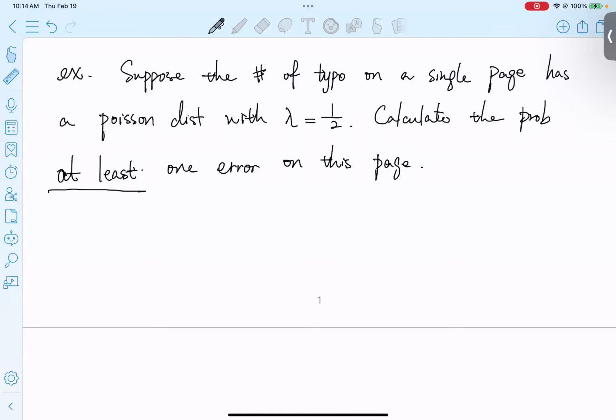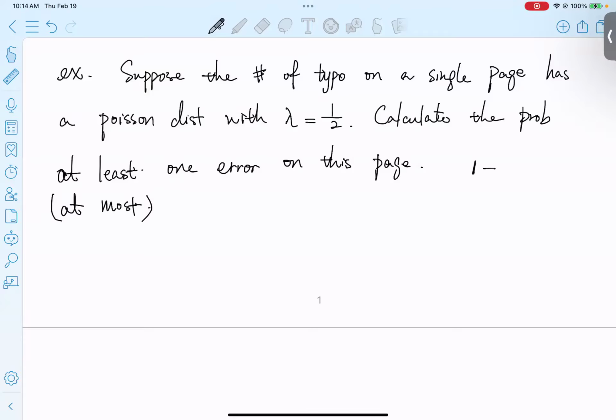So the idea for handling these problems when you have at least or at most something is to use the total probability, which is just equal to 1 for everything.